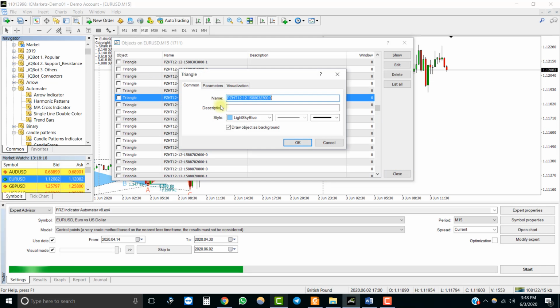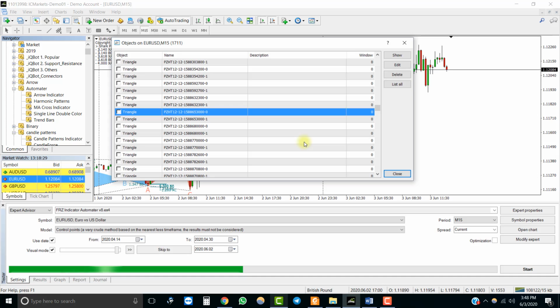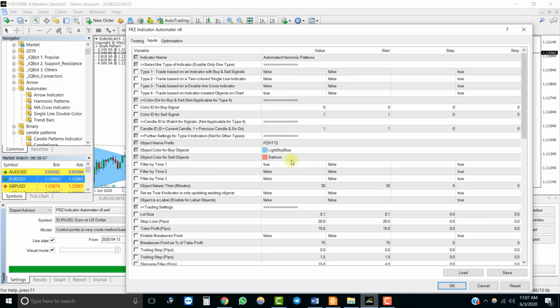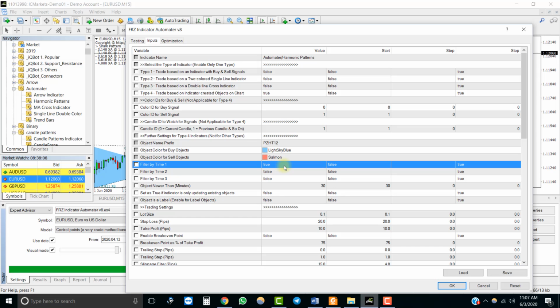Then we need to identify the colors of the objects for the buy and the sell signals. We can open an object and under the command tab you can find the color. Then you need to set the right color for buy and sell signals under the settings.